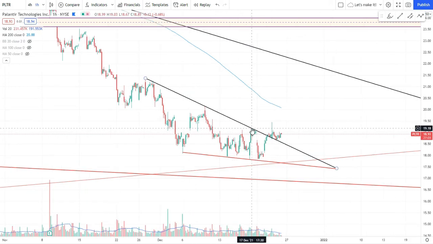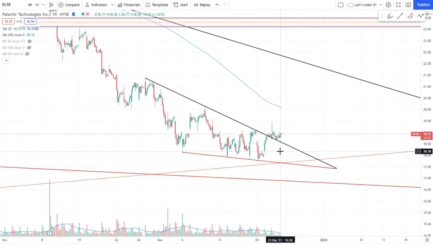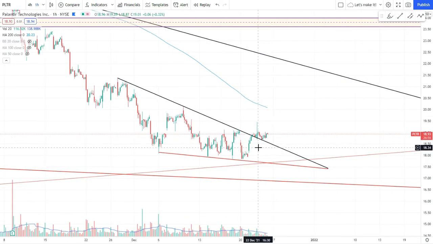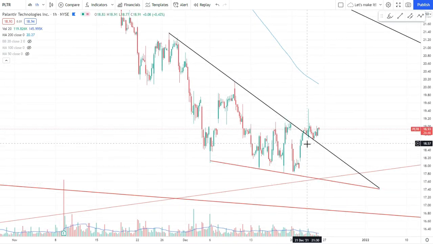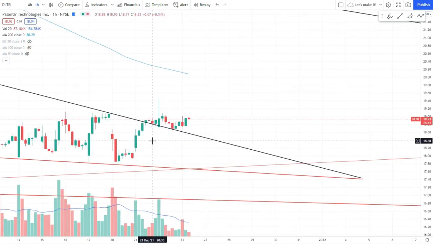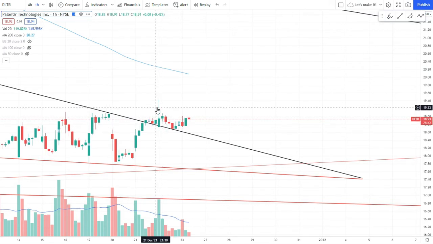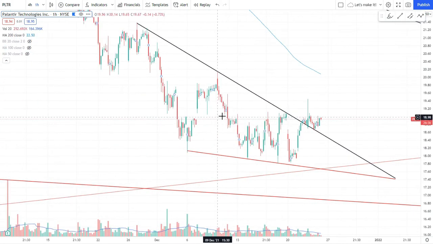As per literature, we know that these patterns are usually broken at 2/3 of their extension. Actually, what happened here with Palantir, the price on December 22nd at opening broke out of this wedge with this candle here. This candle is also supported by big volumes, far above the average. So this is a good sign.